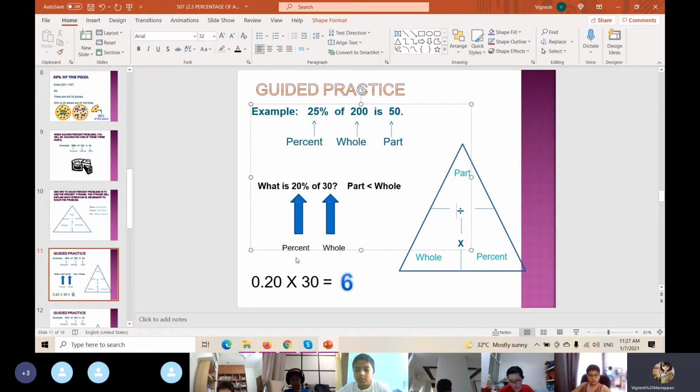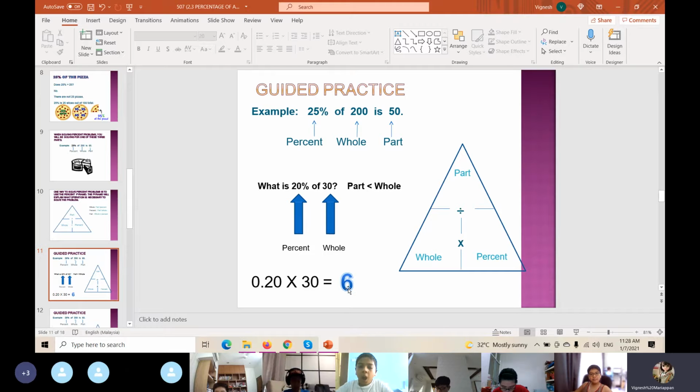You have to convert this percentage into the decimal first, then only multiply with 30 to get the value of part, because percentage is already given, whole number also is already given. The only thing you need to find out is the part. So 0.20 multiply with 30, you will get 6.